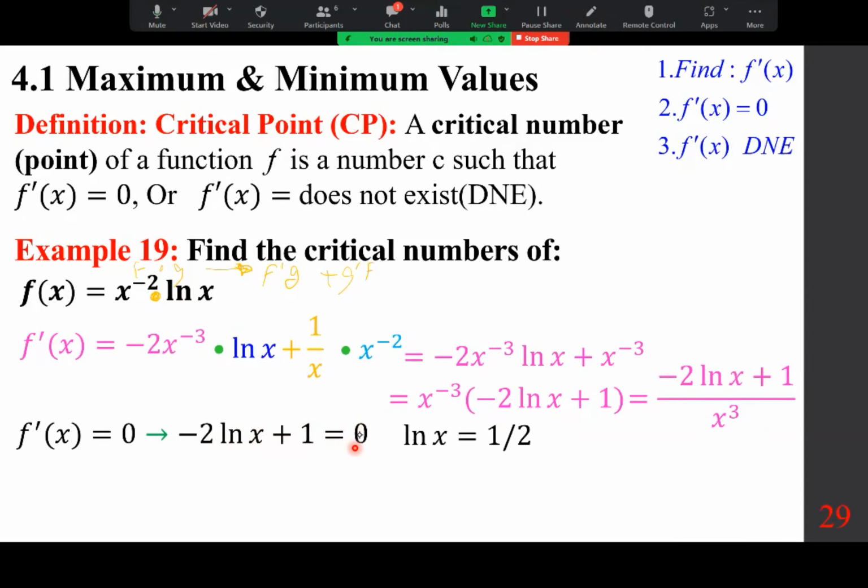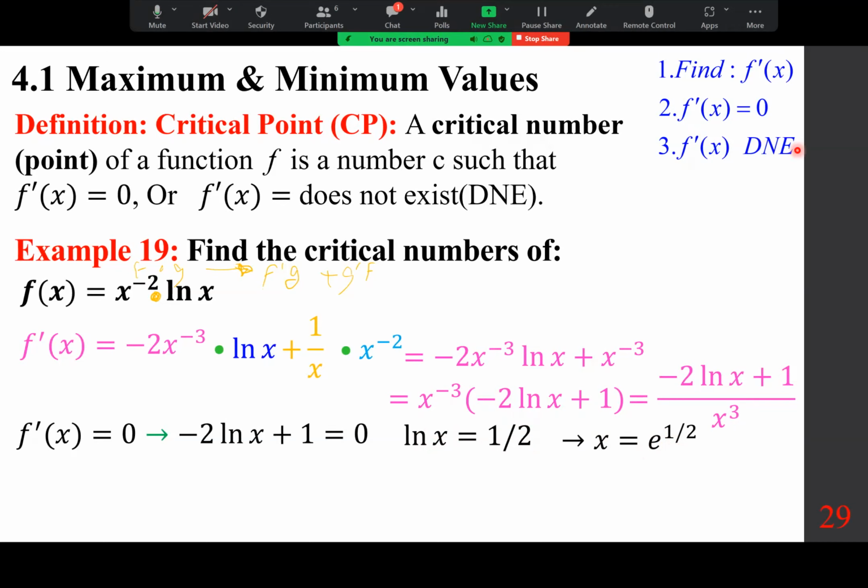Now, you go to the definition. Remember, when we don't have a base with ln, the base is e, so e to the power of 1/2 is x. And that is the precise answer. If they want an approximation, you put it into a calculator. E is not missing, it's just a number, but that's a precise answer. So square root of e is the answer.